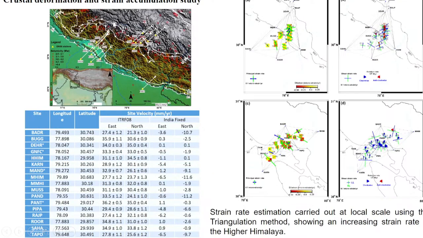Then this is the strain rate of the IGP and Shivalik region, and this is the shear strain, as well as the rotation, how the rotation is going in this region.